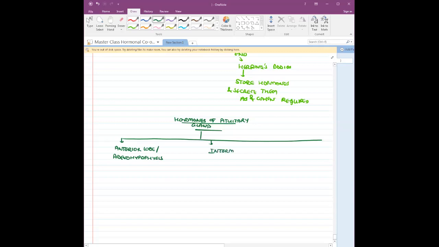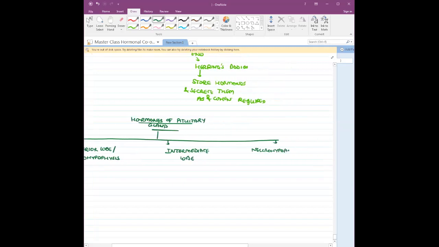That is why the intermediate lobe, and then the neurohypophysis or posterior lobe.